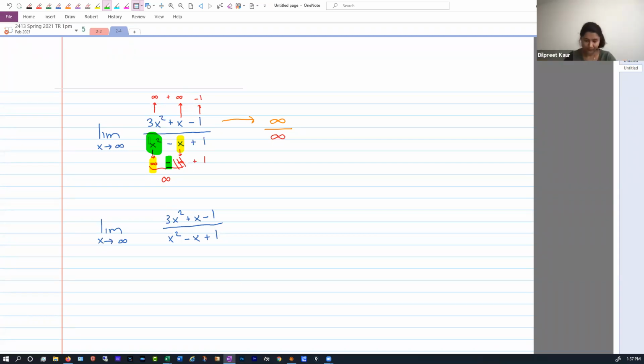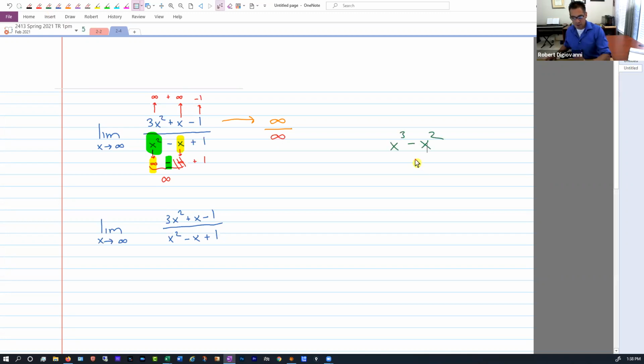Is that okay? Yes, sir, thank you. In fact, if we had x cubed minus x squared, this would be infinity minus infinity, but because x cubed dominates x squared, we would ignore the x squared and just go with the x cubed. So as long as the power is bigger than the other one, it would dominate. Okay?